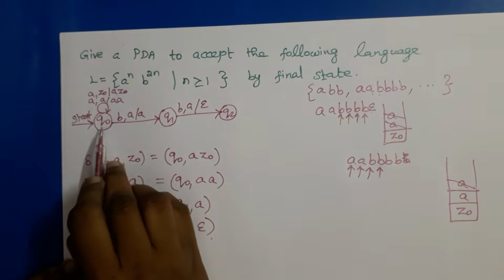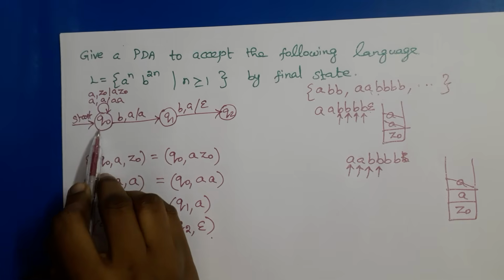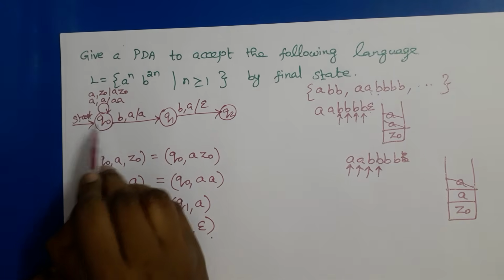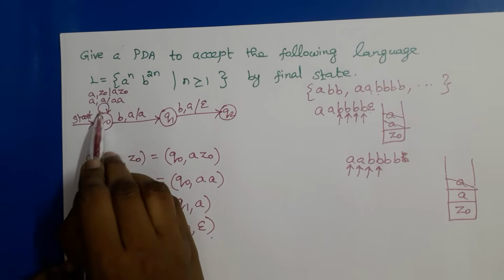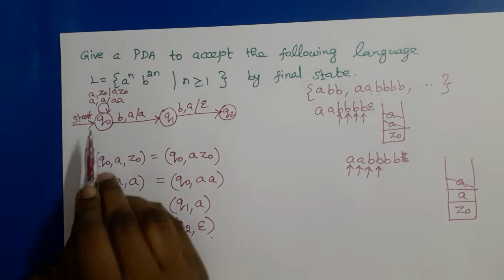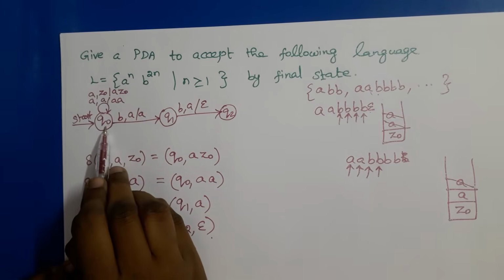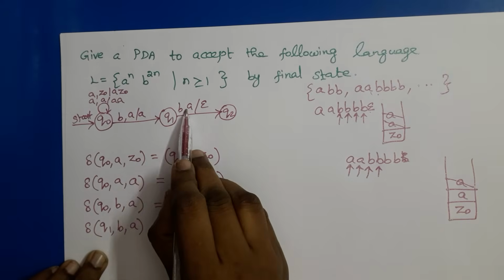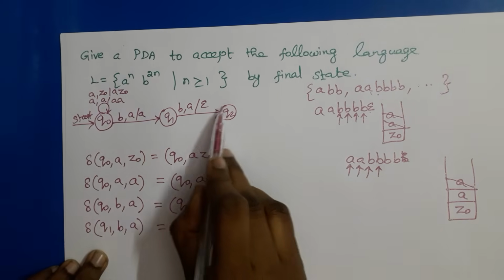So for all a's in the input, we remain in the same state and all a's are pushed onto the stack. For the first b, no change in the stack is performed and we go to state Q1. For the second b, we go to state Q2, right?